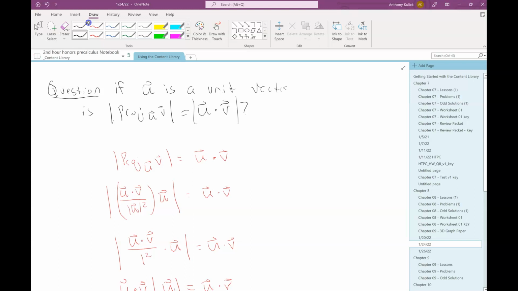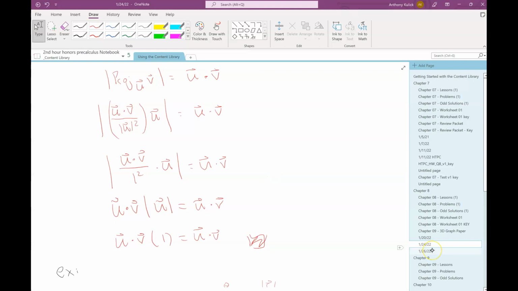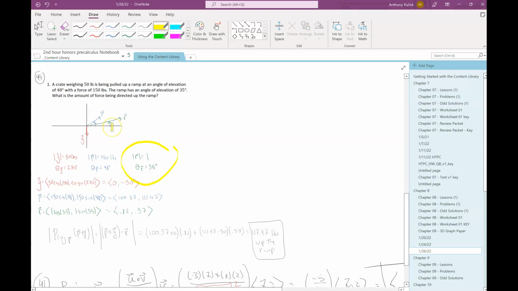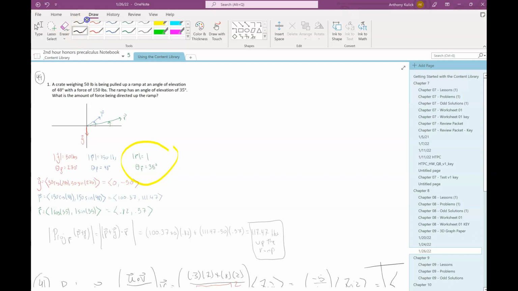I guess we should have put an absolute value here. For 49, we're projecting onto the ramp, which is a unit vector, which is why I was able to take that shortcut. You could have done it the long way and still get the same answer. I love that shortcut because often in real life you're projecting onto unit vectors, so it saves some time.